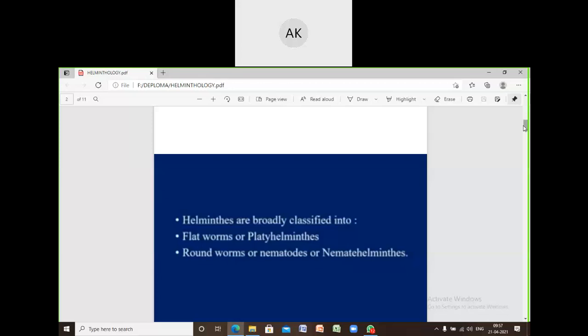We will discuss in detail the differences. So under flatworms or platyhelminths, there are cestodes and trematodes, and under nematyhelminths, there are nematodes, roundworms. Here it is given in the third point. So that is the classification of helminths.